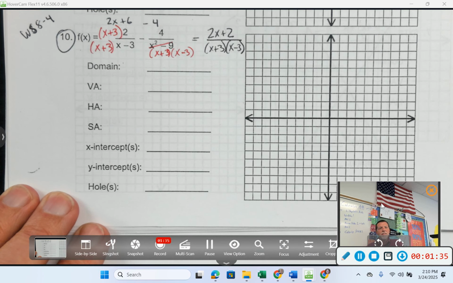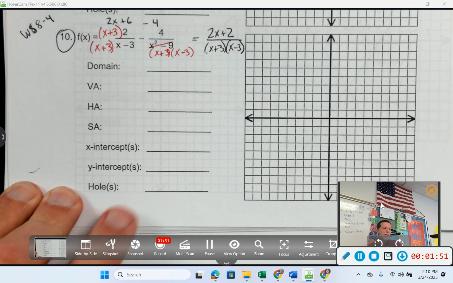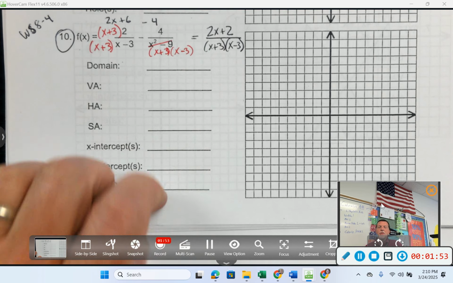I'm out of space, I guess I could factor out a 2, and that would leave x plus 1. But since it doesn't cancel, I don't really need to do that. Now, if it would cancel, I would definitely need to do that so I could see the whole and go from there, but it doesn't cancel, so I'll leave it like that.